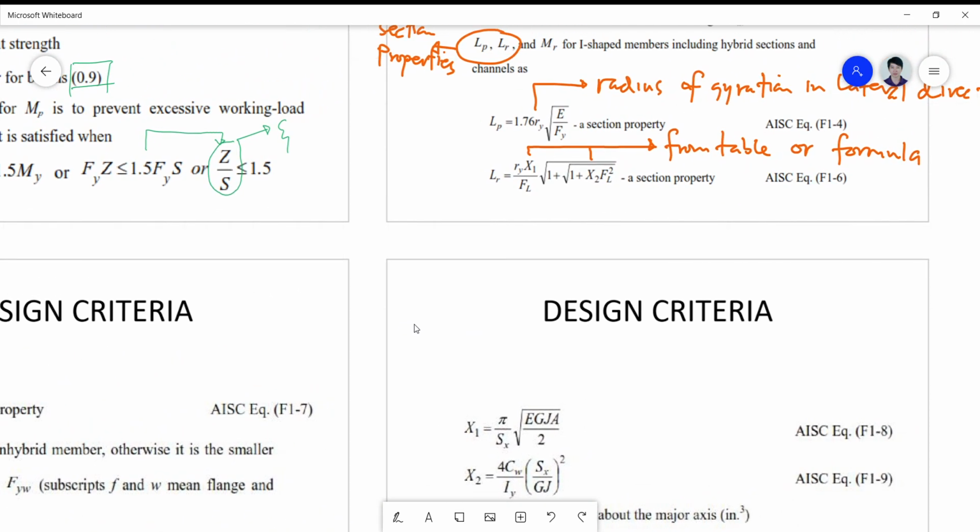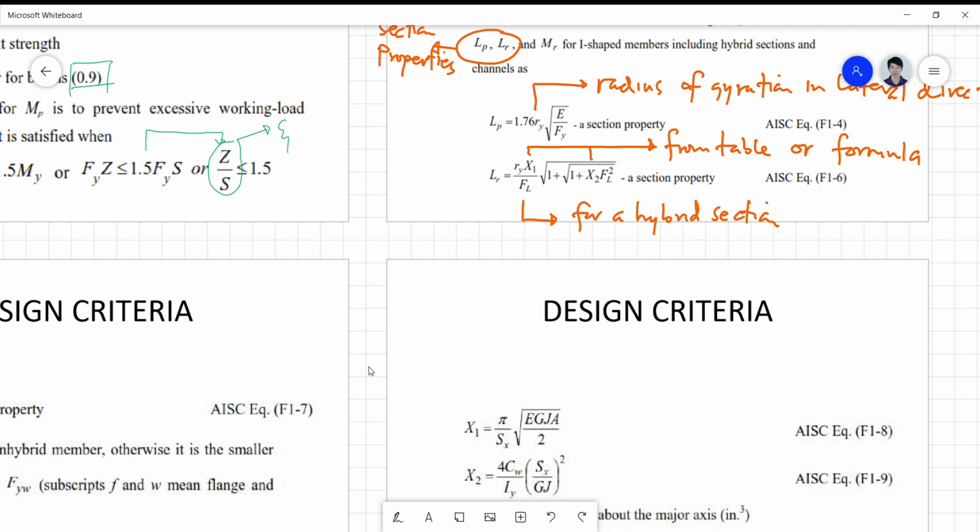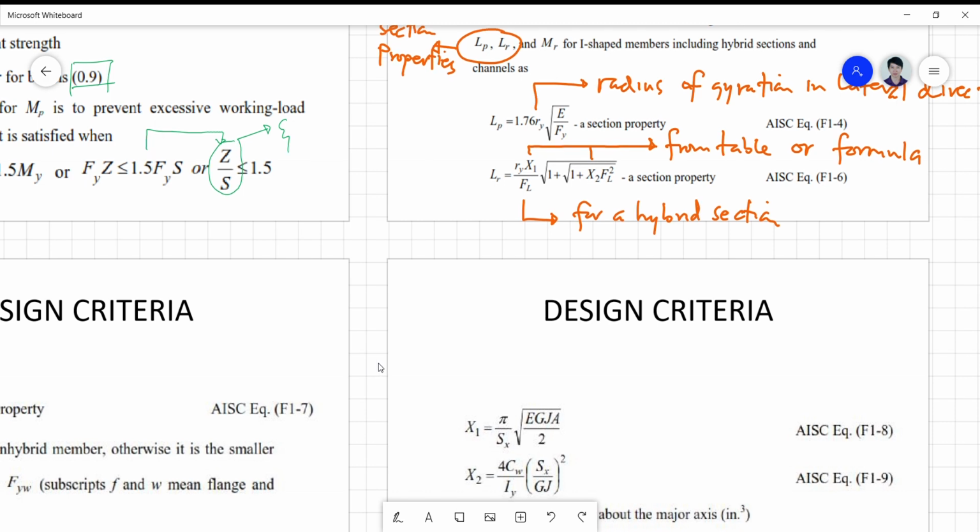So FL has something to do with the comparison for a hybrid section. A hybrid section has the elements specifically different in terms of the web and the flanges.